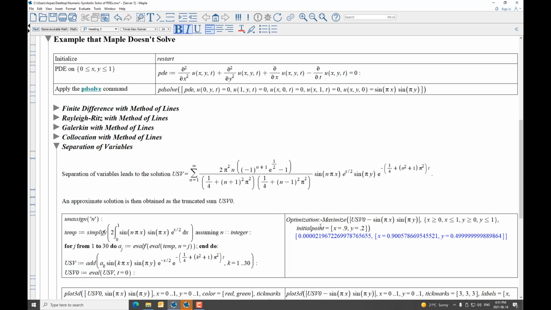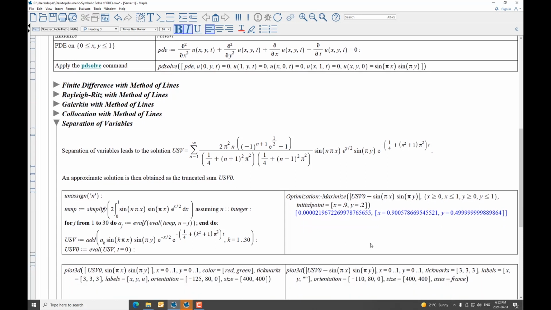So here is the max discrepancy between the initial temperature distribution and this numeric approximation to it. It's pretty close, right? 2 10,000ths. That was pretty good.